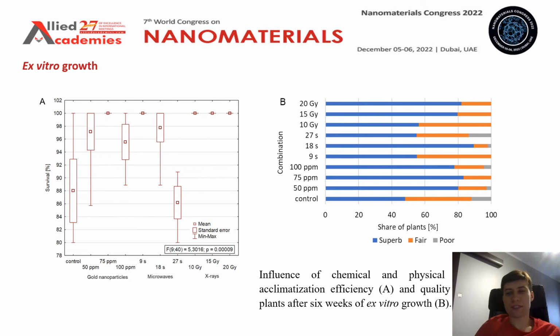Ex vitro means that after cultivating in a tissue culture in the jar, the plants are next transferred to pots, to a greenhouse, for example, and they are being acclimatized to natural conditions.